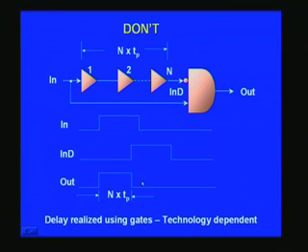In the traditional way, which designers normally follow, which is an erroneous design practice, they put different buffers in order to achieve n times the propagation delay. For example, Tp is the propagation delay for each of these buffers. So finally, you have a total delay of n into Tp at this point.